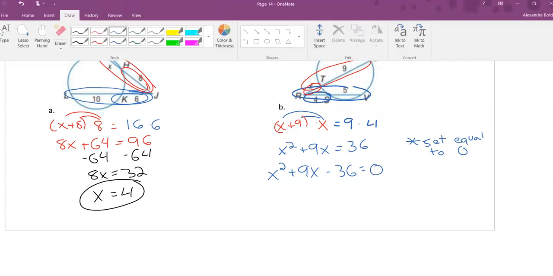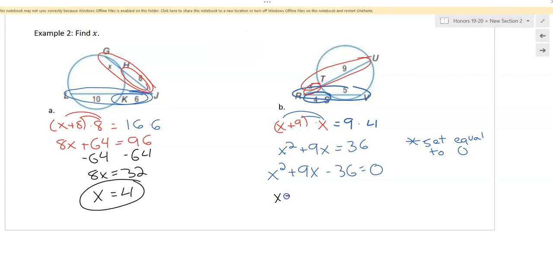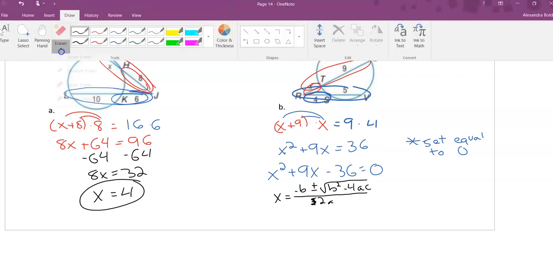So remember, our quadratic formula is x equals the opposite of b plus or minus the square root of b squared minus 4ac, all over 2a. I don't know where I got 12 from, 2a. I'll just erase that.